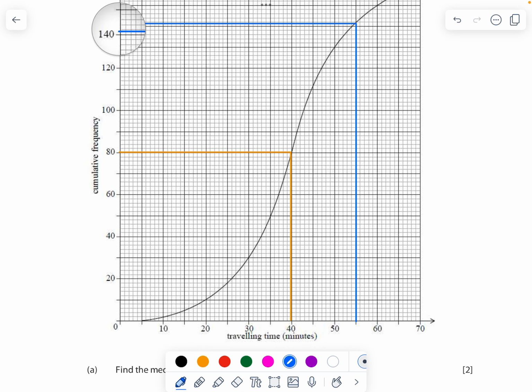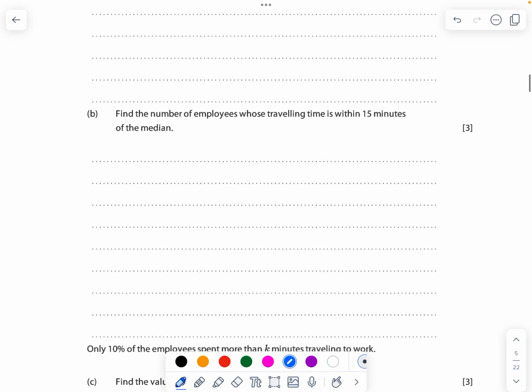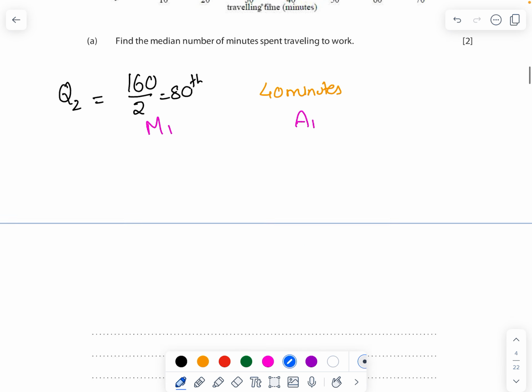So it's going to be how much? 142. So median was 40, so plus 15 will be 55. Its value is going to be 142. So minus 15 will be 25. From 25, draw the line, hit the graph.